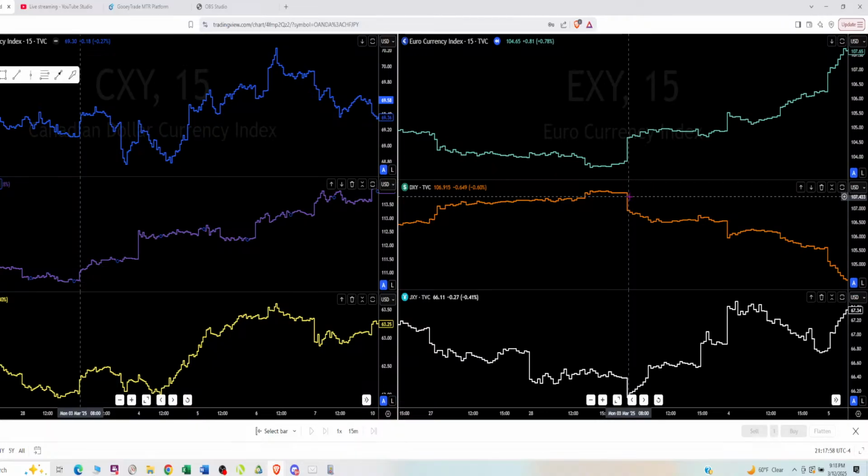So you could take AUD/USD long, or you could take dollar Swiss short, or you could take USD/CAD short, because you can see we have the dollar down and the Canadian dollar, which is the top left, diverging. So that's pretty much how you can use this.